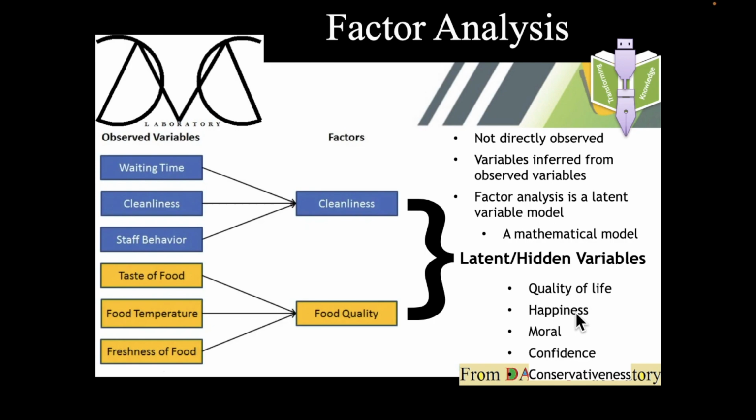Happiness also depends on many other factors, right? Morale, confidence, conservativeness, all these can be considered hidden variables, and these variables can depend on many other observed variables in real life.